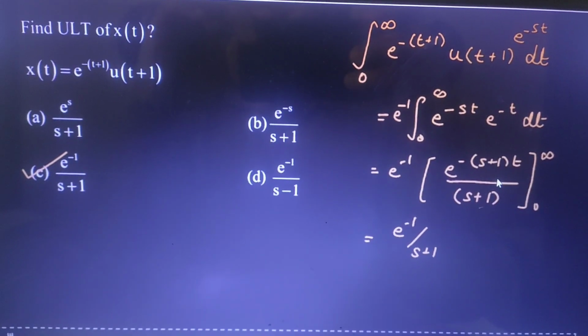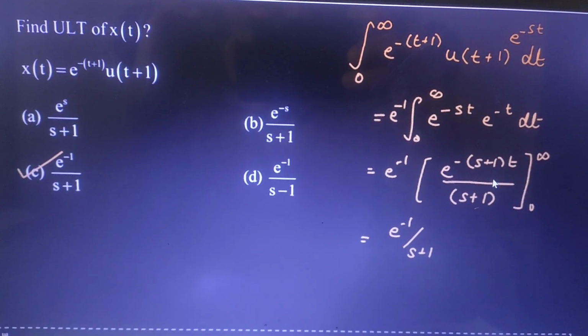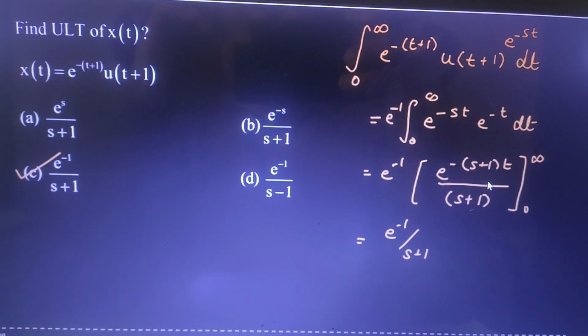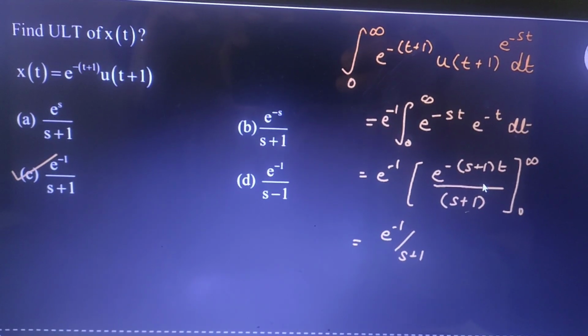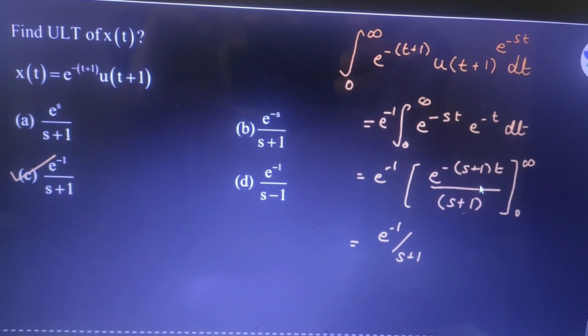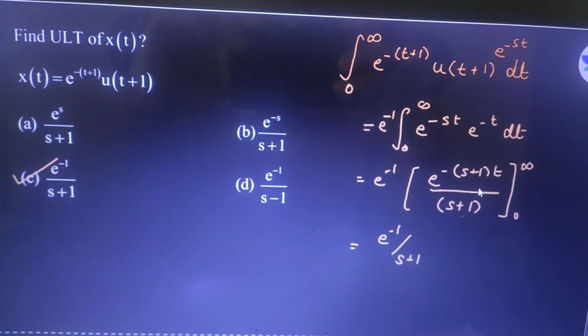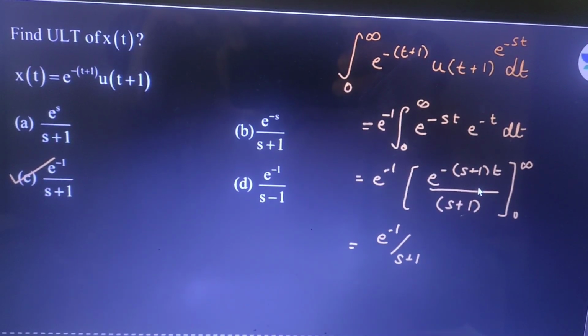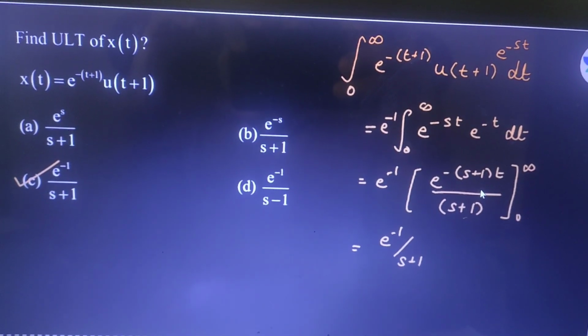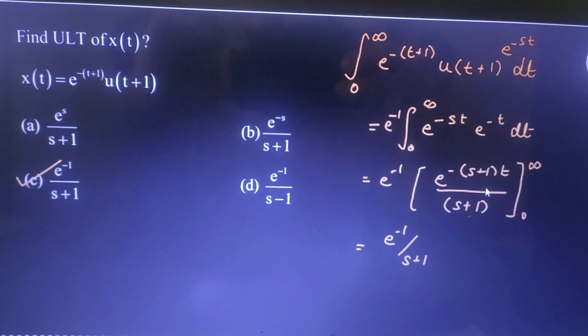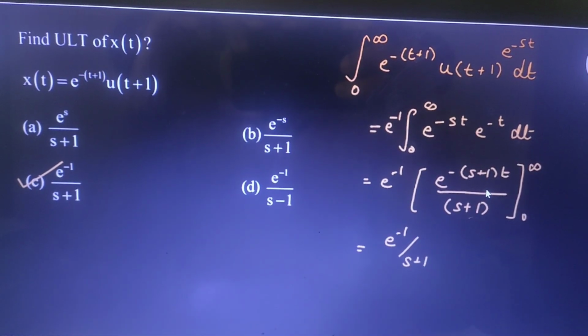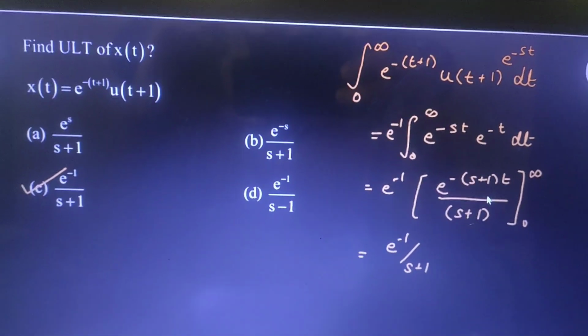So take e power minus 1 outside and write integration 0 to infinity e power minus st into e power minus t dt. That is e power minus 1 e power minus of s plus 1 into t by s plus 1. You will get e power minus 1 by s plus 1.